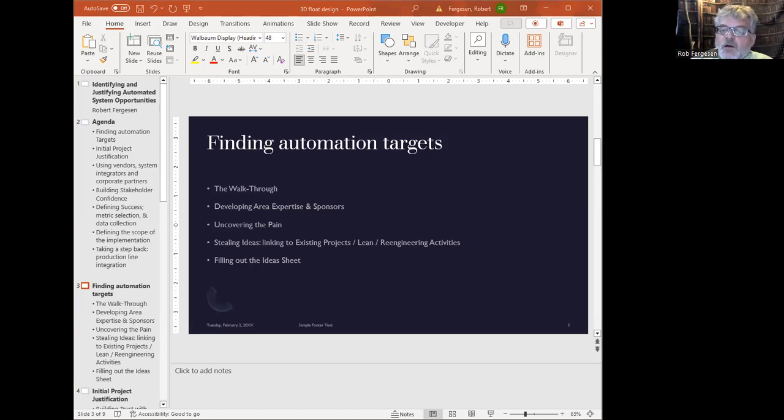The first part of the finding of targets for automation, for robotic improvements, is I call it the walkthrough.